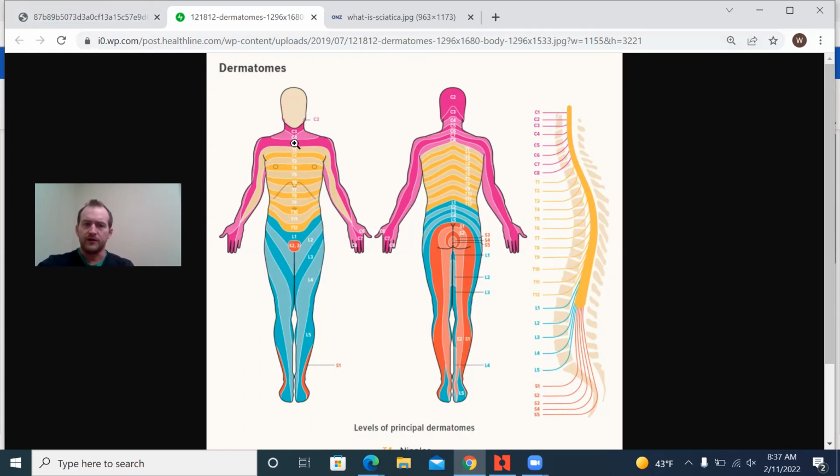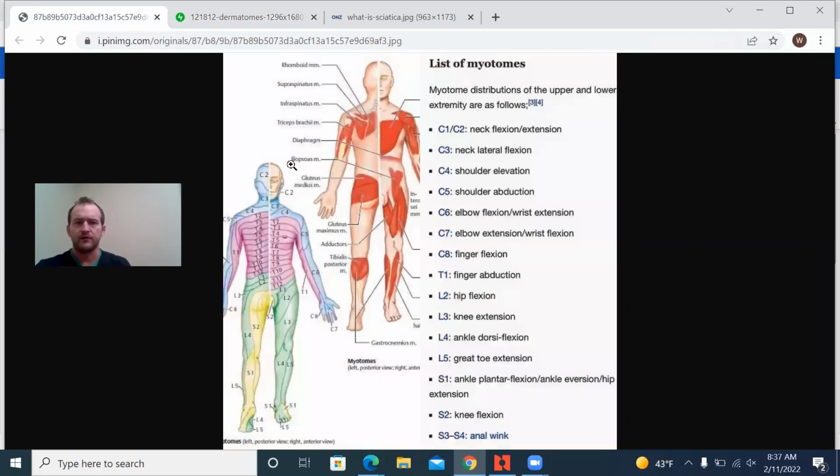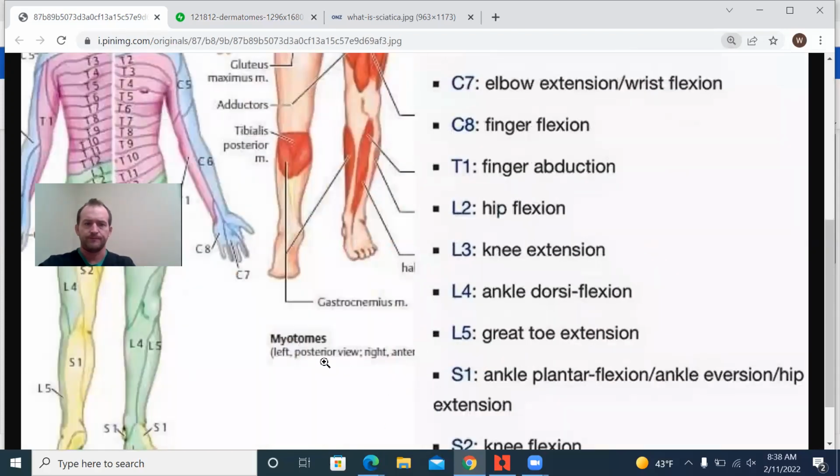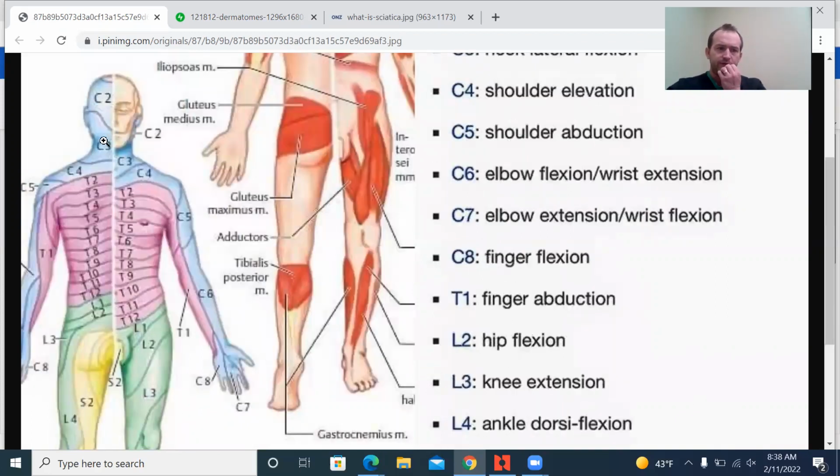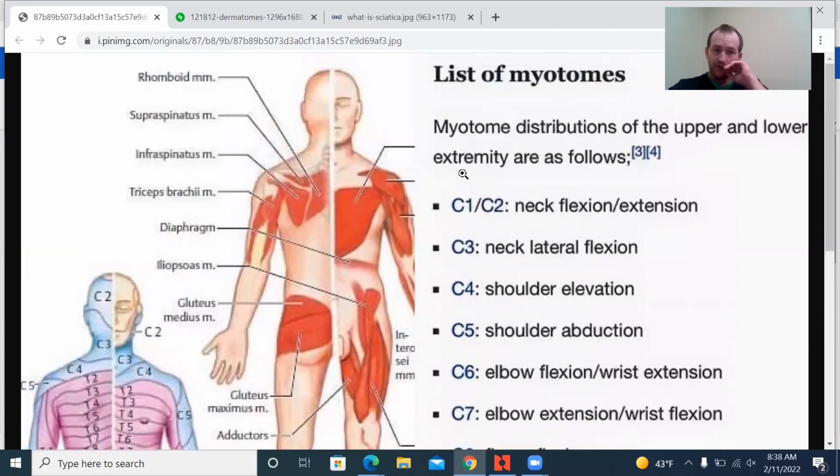Because these nerve roots follow a specific path, you can also talk about the muscle patterns, the motor patterns. Hopefully you can see here in this picture. Let me move my face here to the other side. So as you can see, there's the particular pattern that we talked about, and these nerve roots supply different muscles and areas of the body.